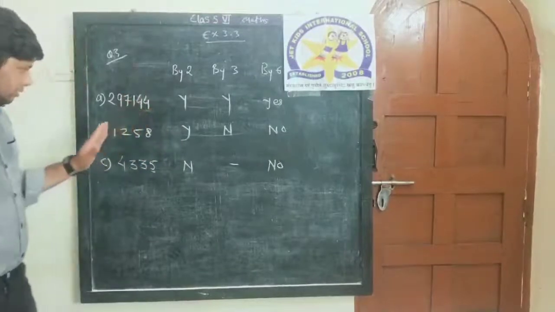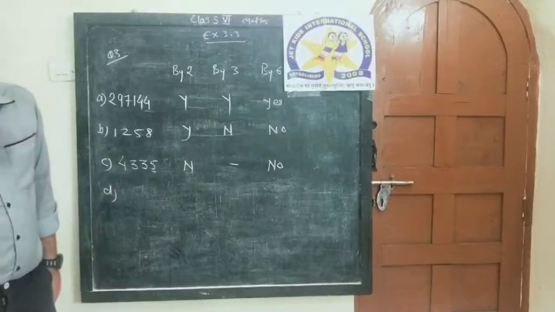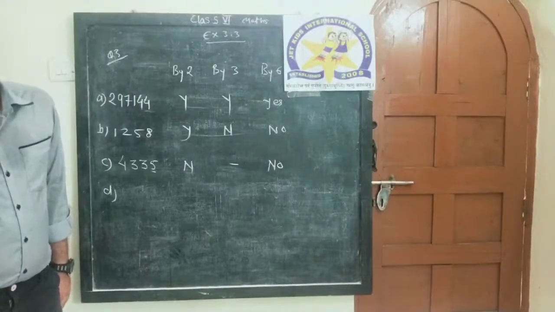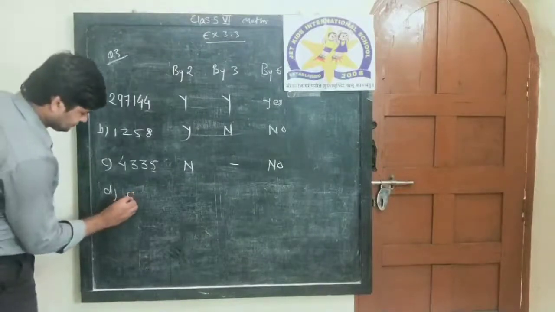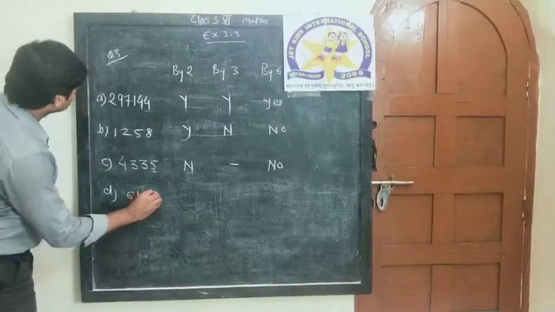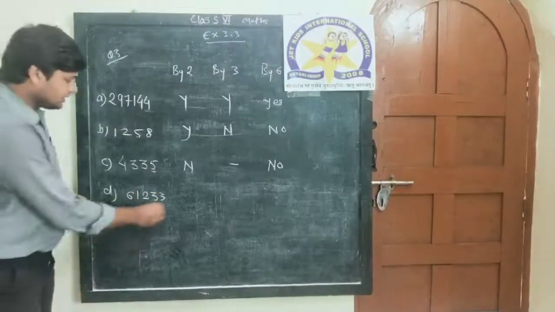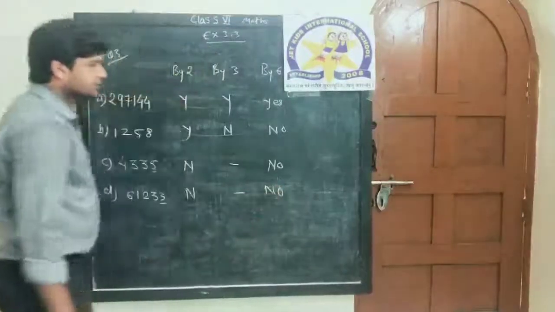So next thing, D, just write 61233. Okay, so 3 is not divisible by 2, so no need to find this thing. Here also I am writing no. Right?